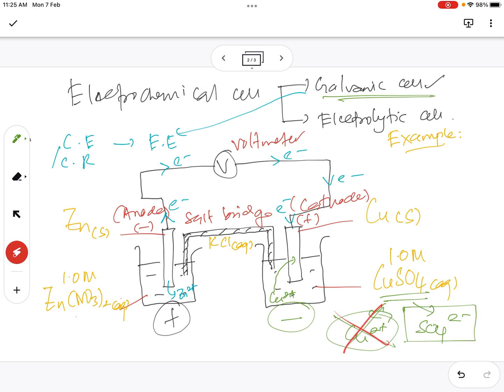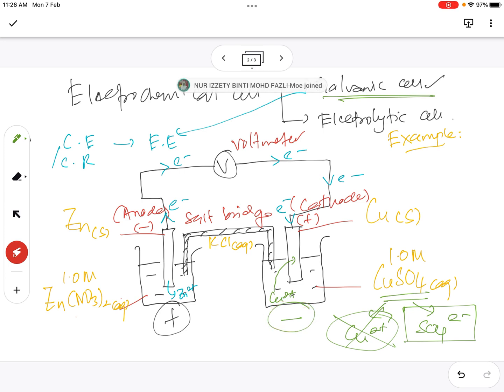Kalau Cu2+ asyik berkurangan, baki tinggal apa? SO4 2- kan? SO4 2- ni charge apa? Negatif. So, beaker sebelah kanan seolah-olah bercharge negatif. Setakat ni boleh ikut? Okey, maksudnya pemahaman kita ialah beaker sebelah kiri bercharge positif, beaker sebelah kanan bercharge negatif.